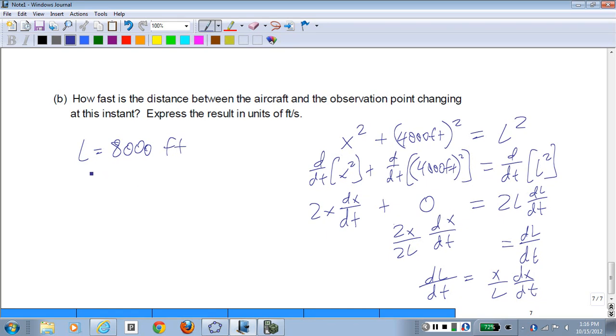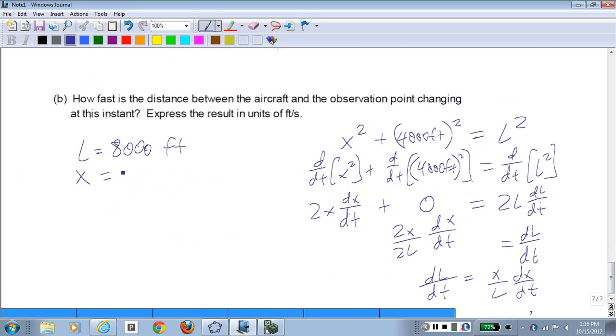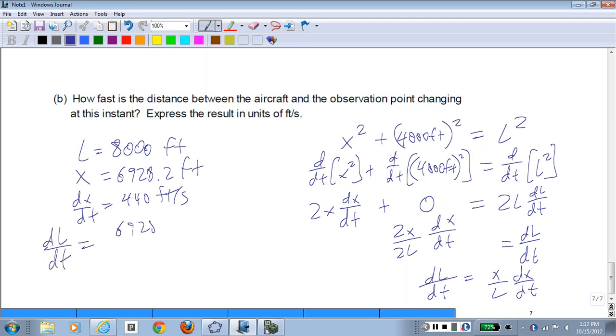So if L equals 8,000 and x equals 6928.2 feet, and dx/dt equals 440 feet per second, then dL/dt equals 6928.2 feet over 8,000 feet times 440 feet per second.